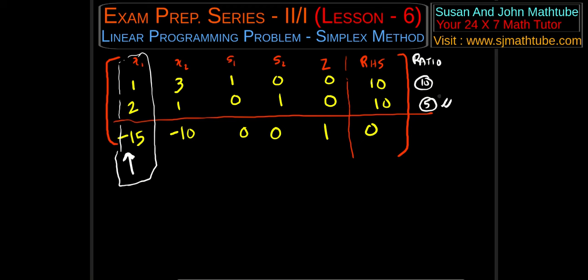Now you may have a few doubts in the exam. What to do if you get the same number, like the least numbers being the same? That means you can choose any row you like. Second question, what will you do if you get negative or infinity, etc.? The answer is just ignore such rows.